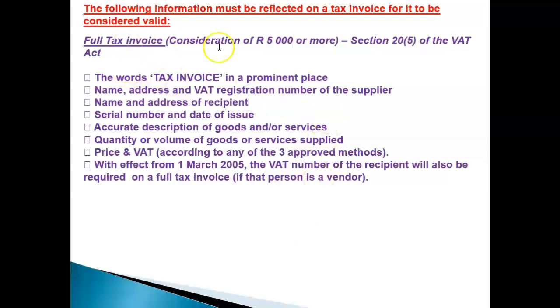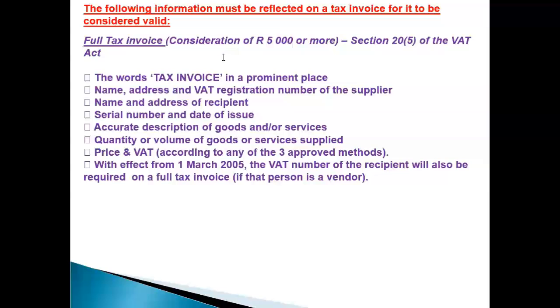Now if I'm going to sell an item which costs more than 5,000 Rand, then I have to issue a full tax invoice to the person who's going to buy that from me. Now, what is the information that has to appear on this invoice? And guys, if you do not have all this information on your full tax invoice, you are subject to penalties and interest.